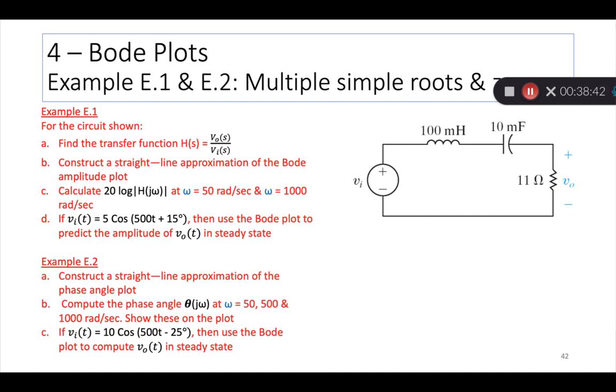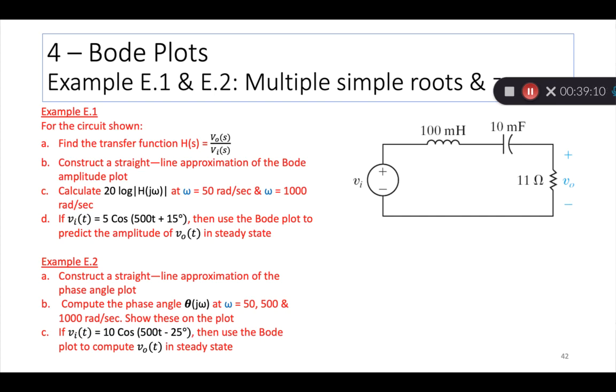Then C, using the transfer function and its magnitude as 20 log something in decibels, find the actual magnitude at omega equals 50 and omega equals 1000. And then obviously you're supposed to check with the plot to see if your values are correct.